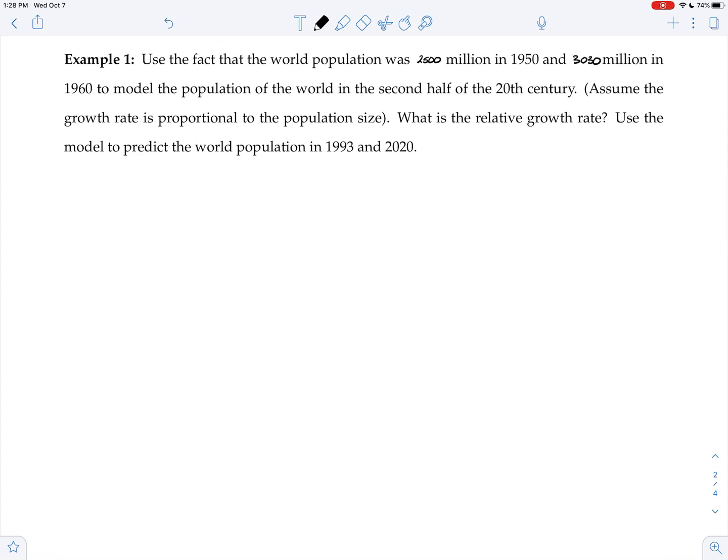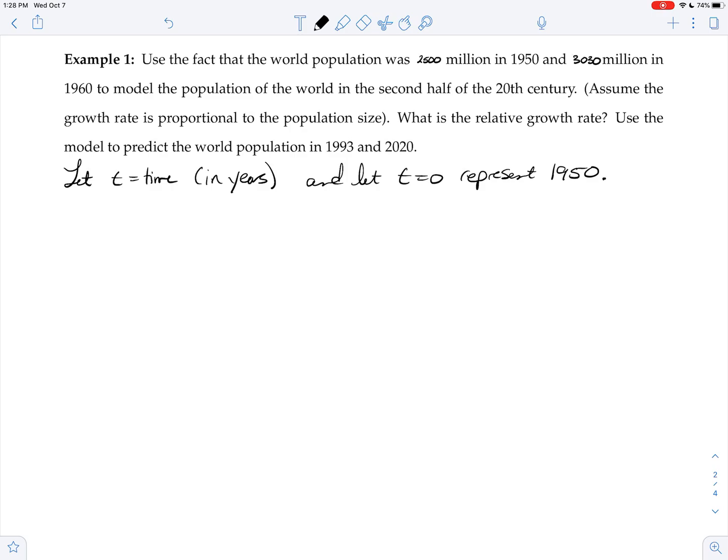All right, so we need to write down some of our basic setup. First off, let's let t equal time, and our basic unit is going to be years. And let's let t equals 0 represent 1950. We have to have a starting point.